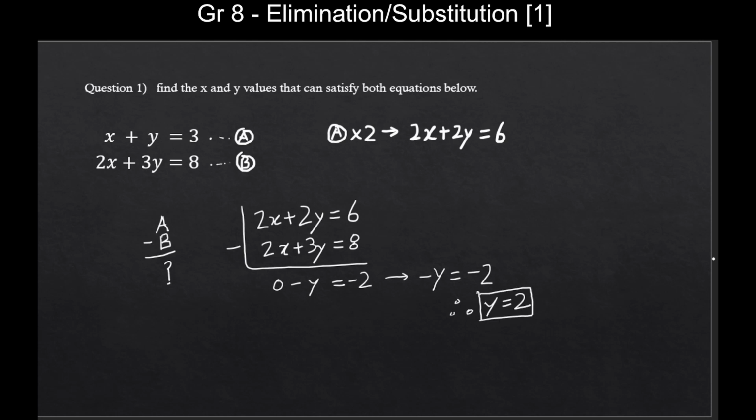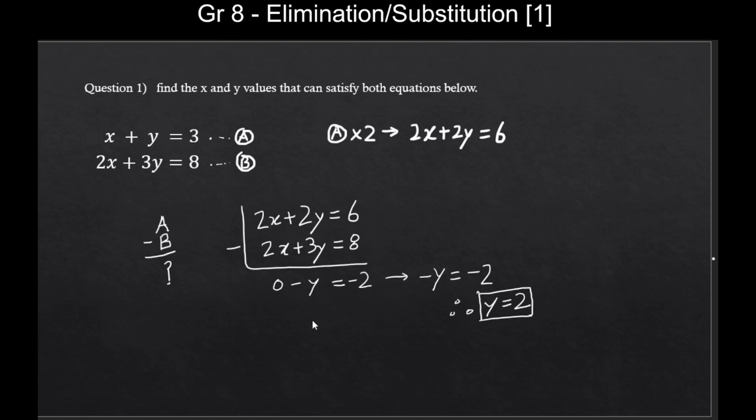What I did here is that I subtracted one equation from the other to eliminate x. So make x disappear. And how did I eliminate x again? I multiplied one of the equations in a way that the two x's have the same amount, and then minus them so that they cancel each other nicely, like they disappear.